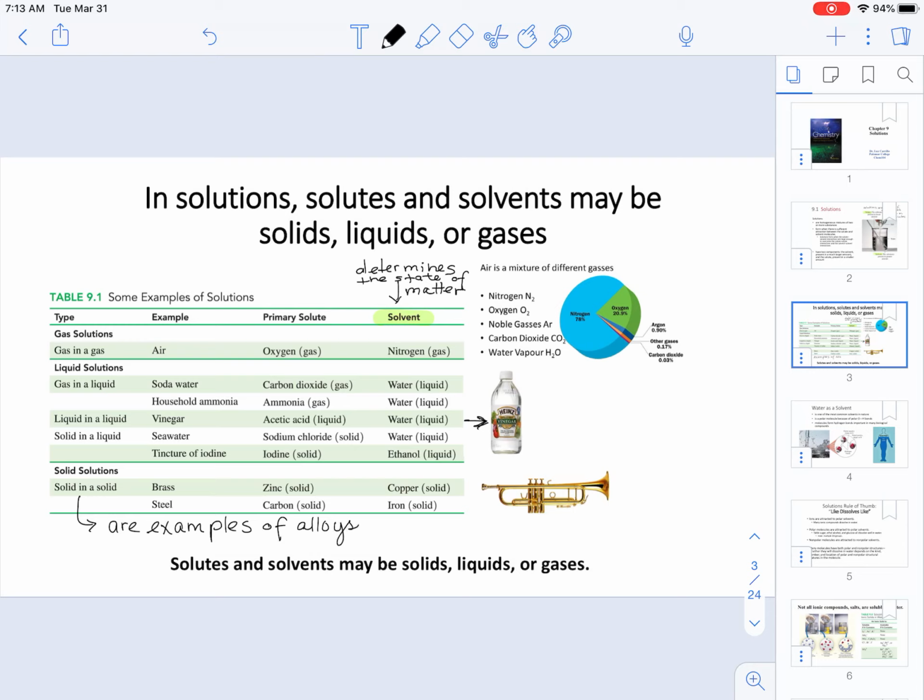And hopefully you remember from chapter 3 that an alloy, again, is elements that are physically combined but that are not chemically linked. And many instruments are made out of brass. And as you can see, brass comes from the combination of zinc as a solute and copper as a solvent.